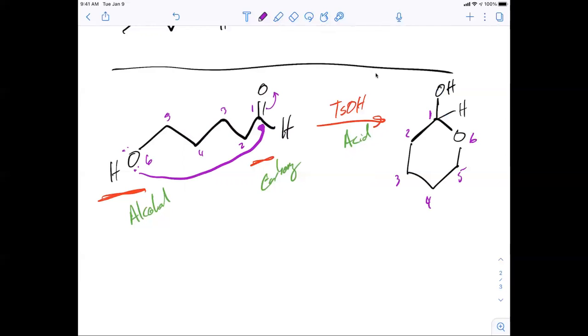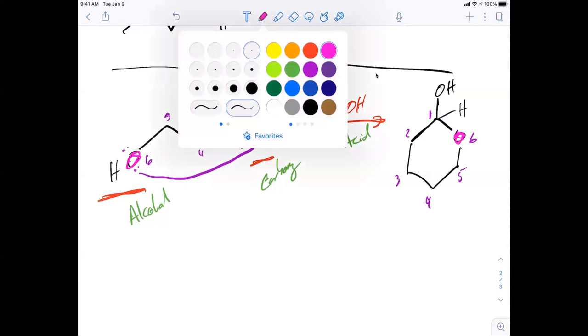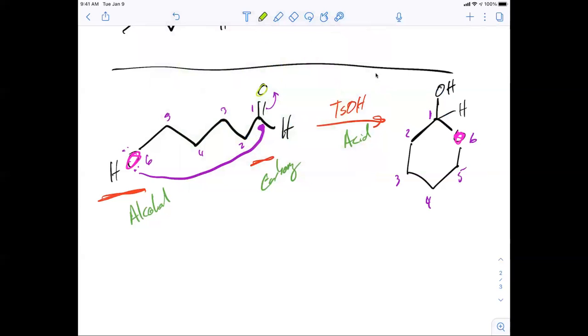If we color coded our oxygens, this would be the hot pink, and then this highlighted green. So your alcohol becomes the oxygen in the ring in this case, and your carbonyl becomes the OH on the outside.